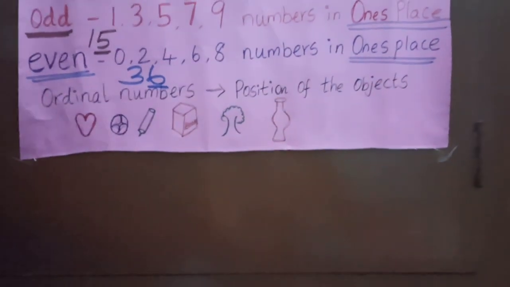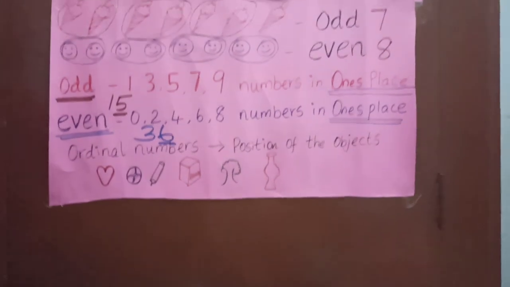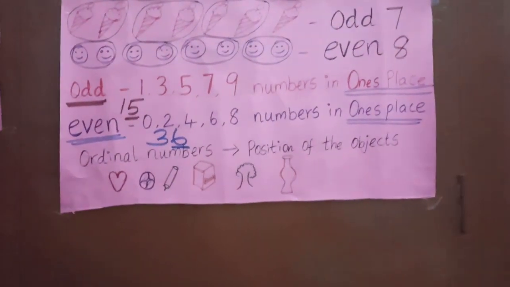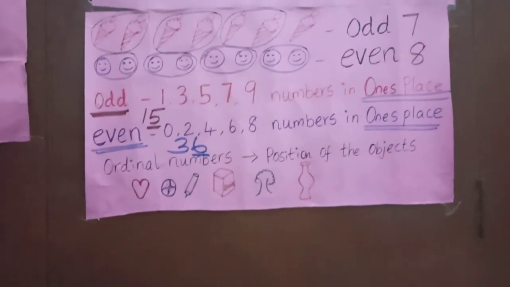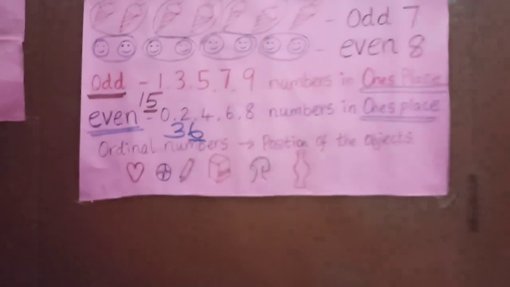When we conduct a running race, whoever comes first will be in first place. If someone comes second, they will be in second place. Third person means third place. Like that, ordinal numbers tell us the position of objects.